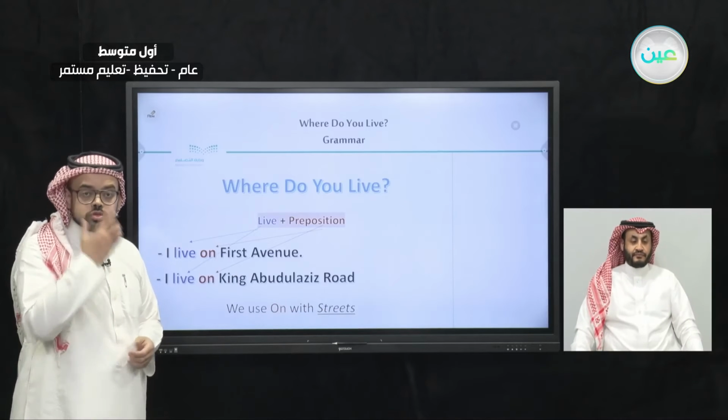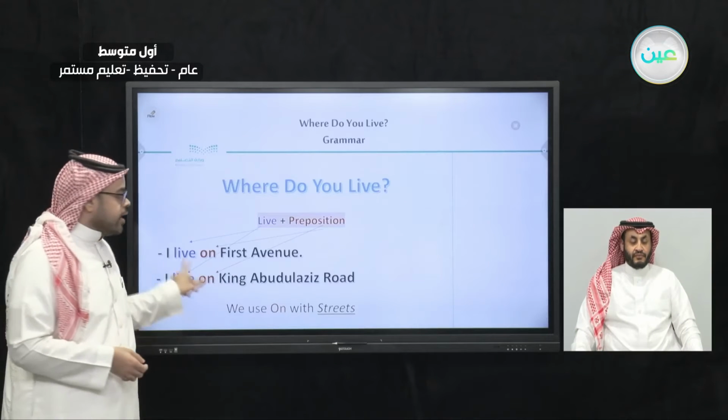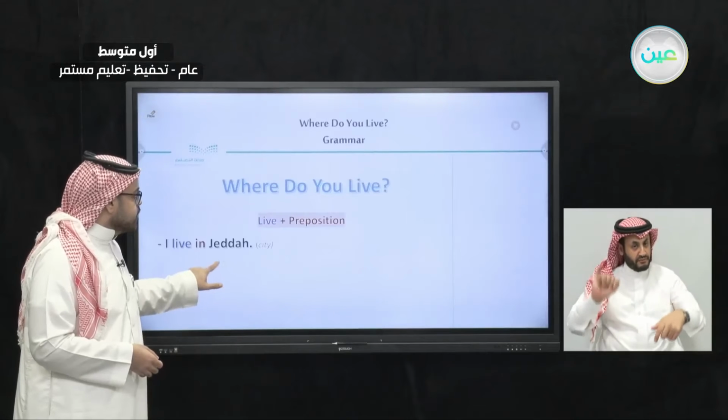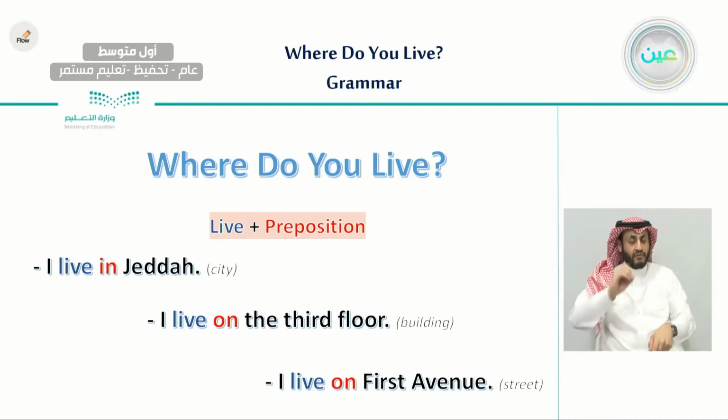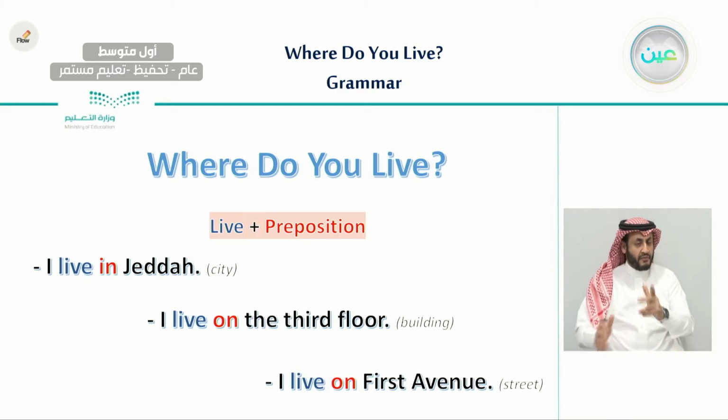So if we want to talk about cities or neighborhoods, we would use in. And if you want to talk about a building or a street, we would use on. So to answer this question, where do you live? It depends. If you want to talk about a city or a neighborhood, use in with the verb live. I live in a city.